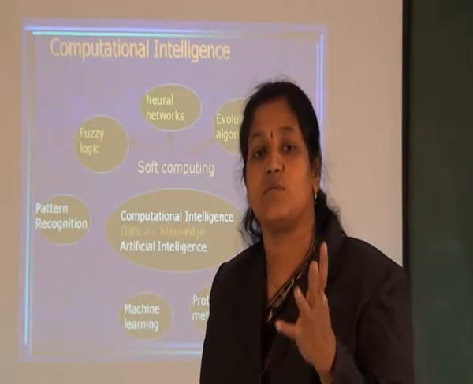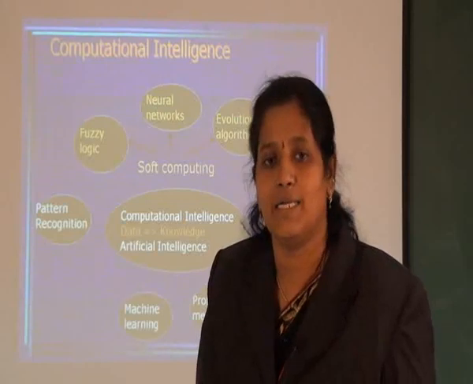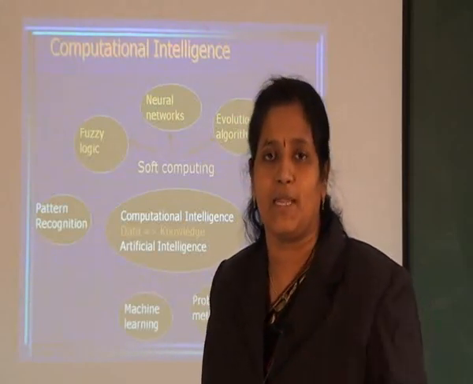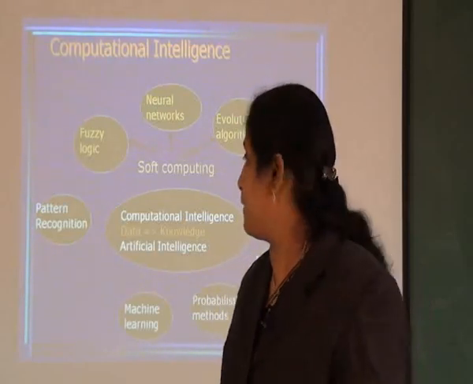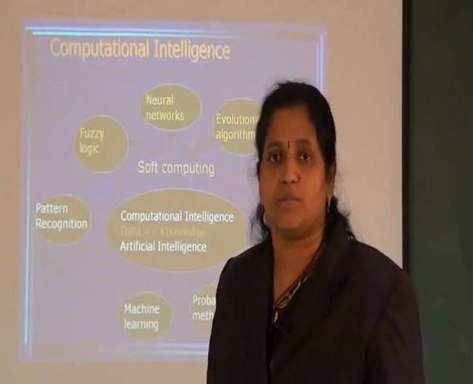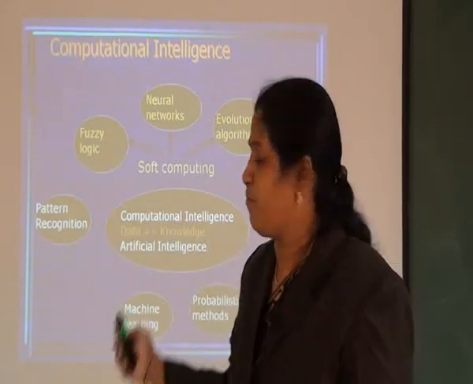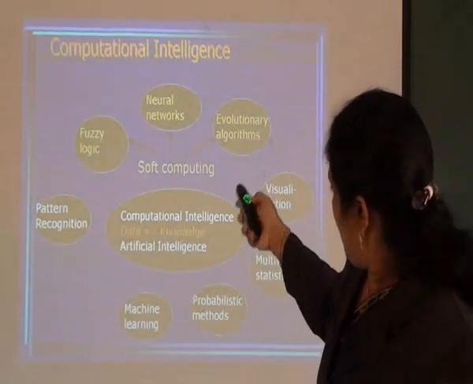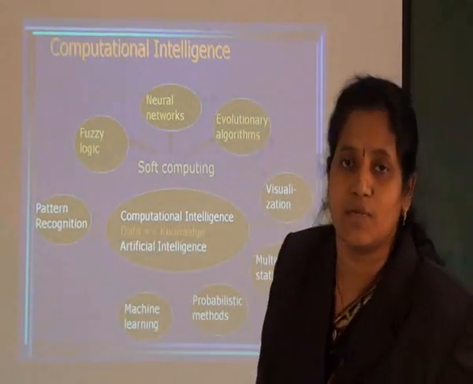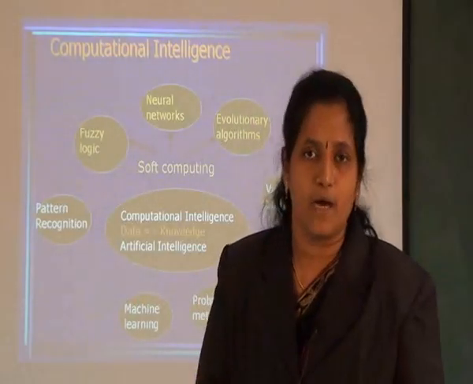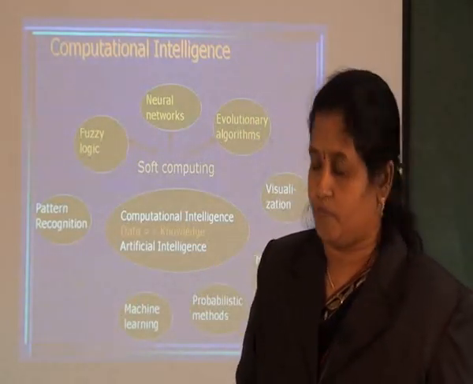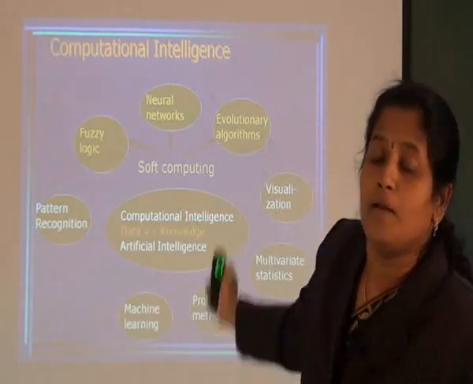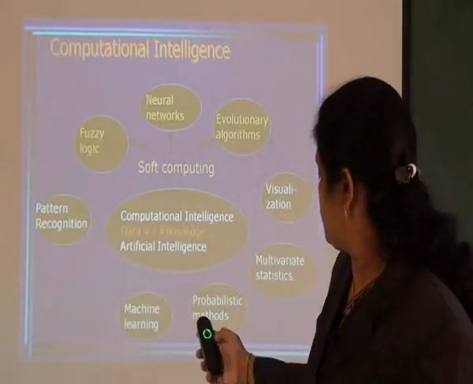Neural network is good at learning, mainly for machine learning; it will learn like a human being. Evolutionary algorithm is good at optimization. For each component there is a purpose. Our focus is fuzzy logic, neural network and genetic algorithm, which come under soft computing. These three are mainly used in the medical domain.